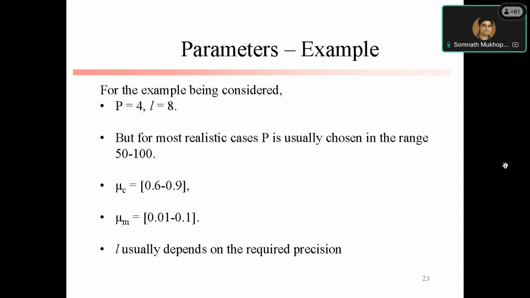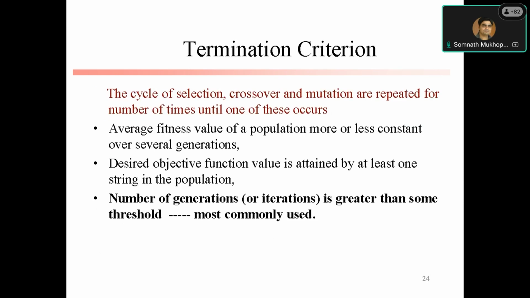Those things are user supplied, but for a general case, we can consider population size 30, chromosome length 20 to 40, crossover probability 80% and above, mutation probability 10% or less.